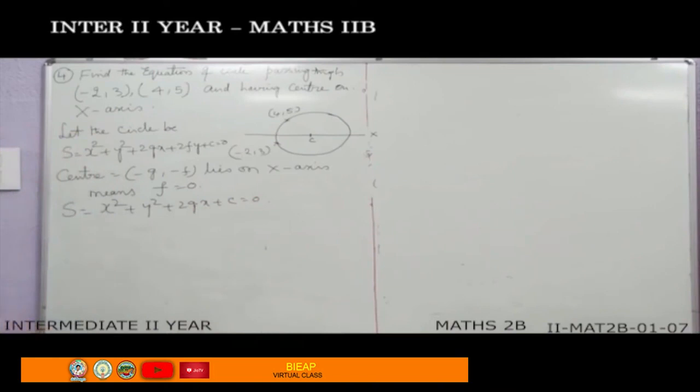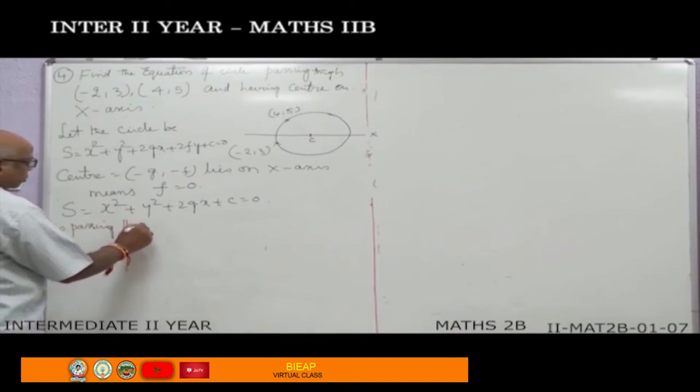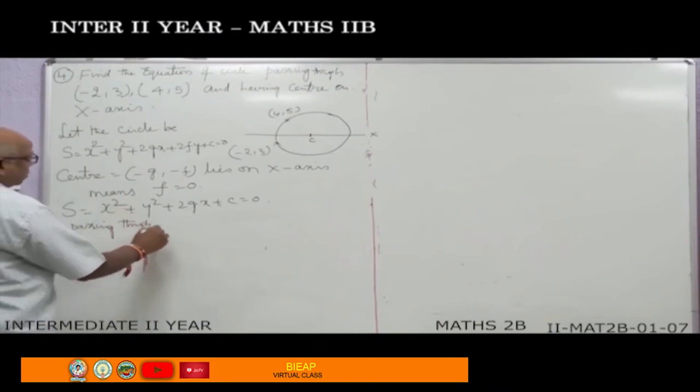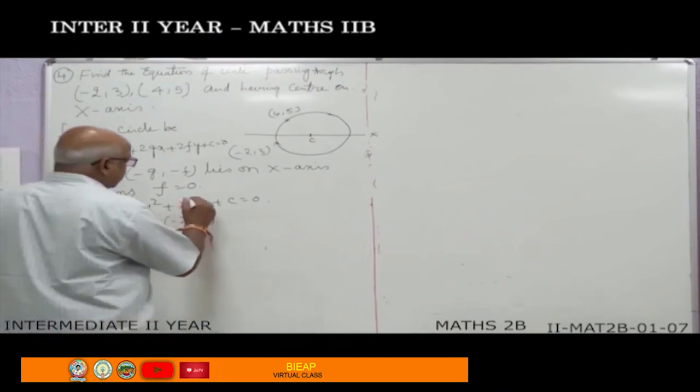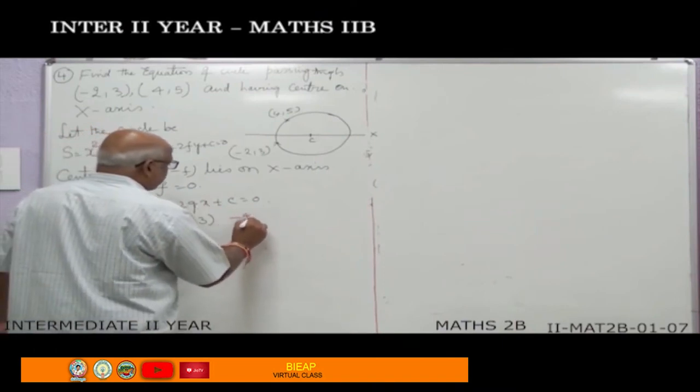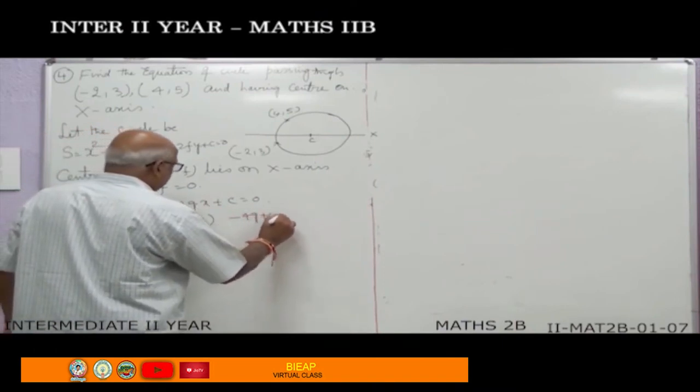Now, this circle is passing through minus 2, 3. Substituting this point, minus 4g plus c equal to minus 13.